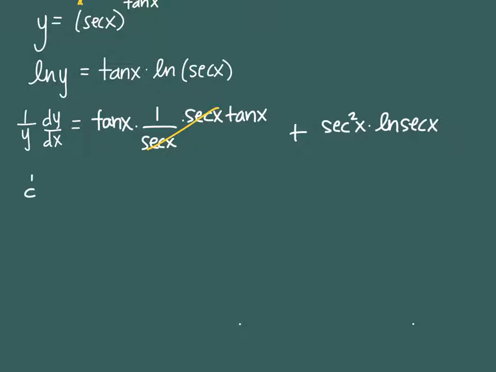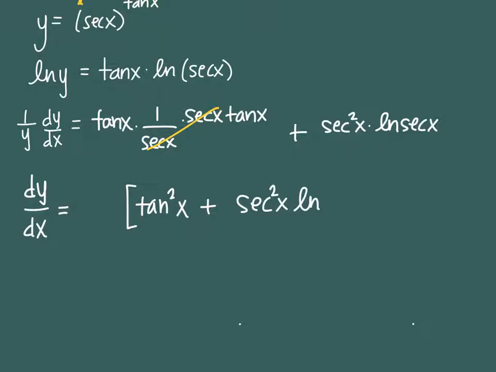So dy dx equals tangent squared x plus secant squared x times natural log secant x, and the entire thing times secant x to the tangent x, which is y.